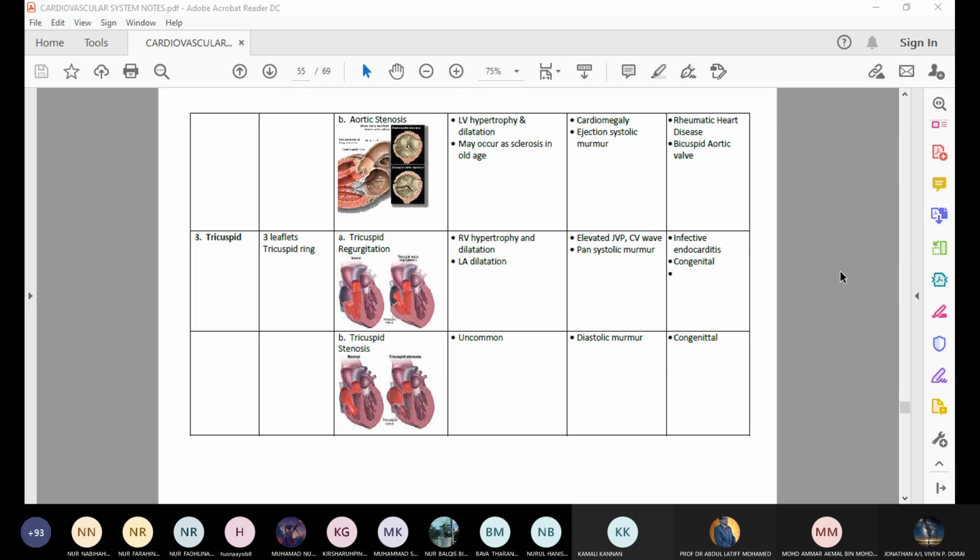Okay. So let's now discuss a special condition, a special type where someone damages the heart on purpose by taking intravenous drugs.